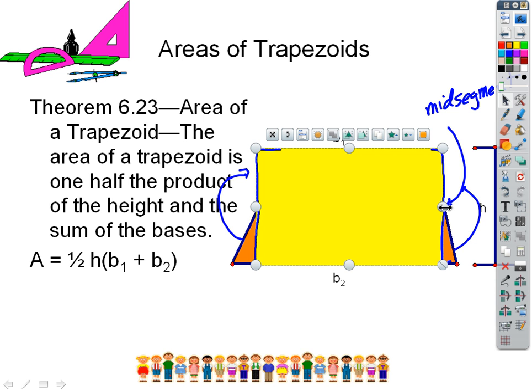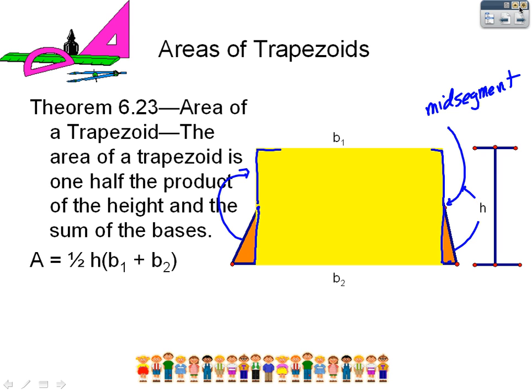Okay. So there's our new rectangle. What is the height of that rectangle? What do you think? Just the same as before? Agreed? Now, what's the length of that rectangle?